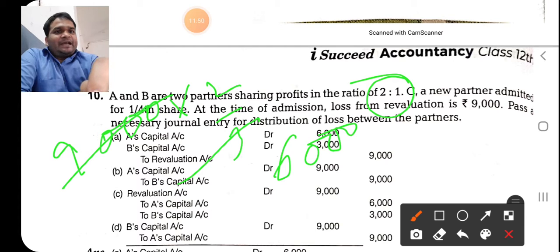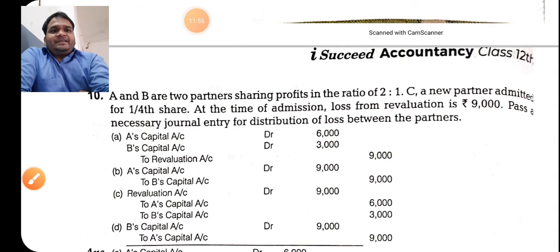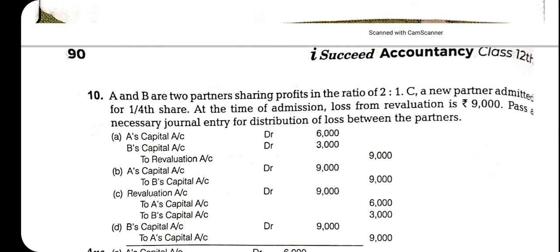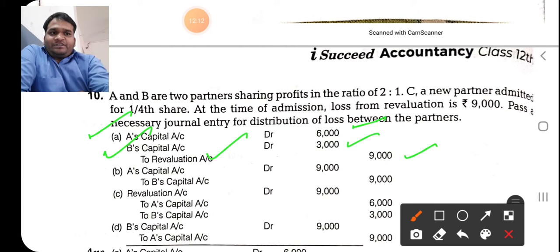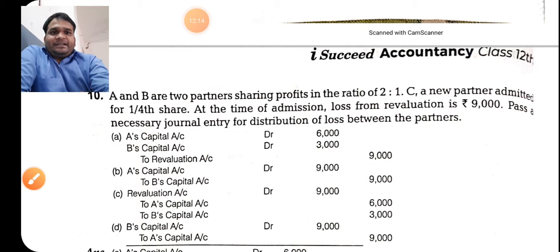So you can check it out. These two capital accounts are being debited to revaluation account. So in this case, what can you write? You can write A's capital account debit, B's capital account debit to revaluation account, and the amounts you will show are 6,000, 3,000 and 9,000. I hope this point is clear to you.